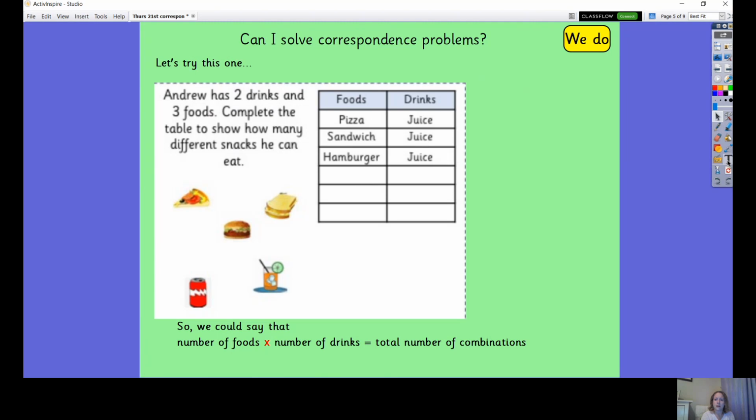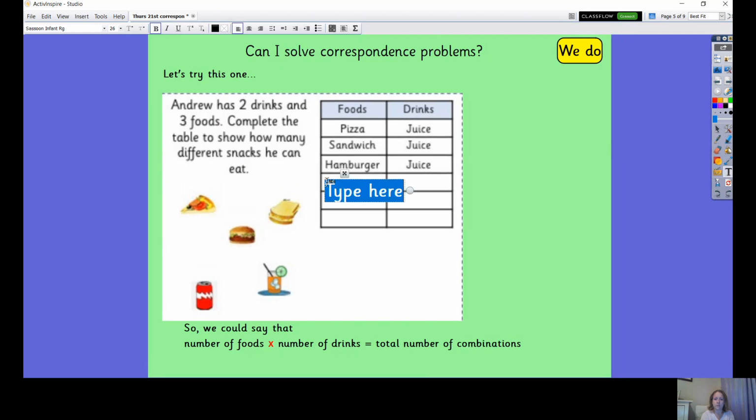Okay, and then I can do those again. That's going to be a bit big. So I'm going to go through my food types again, but this time I've got my pizza and my sandwich and my burger there.